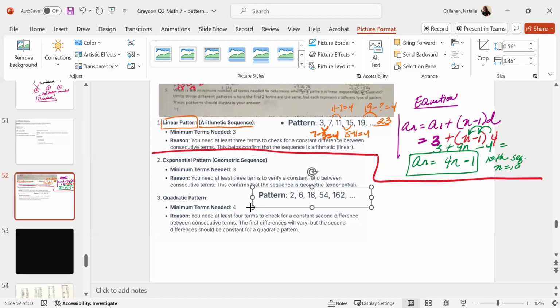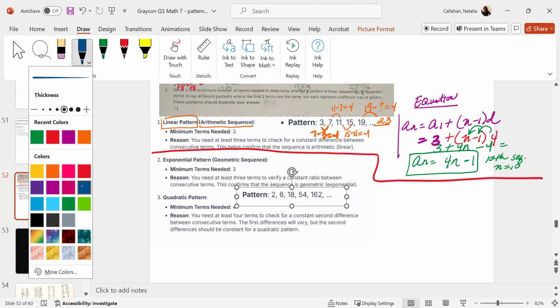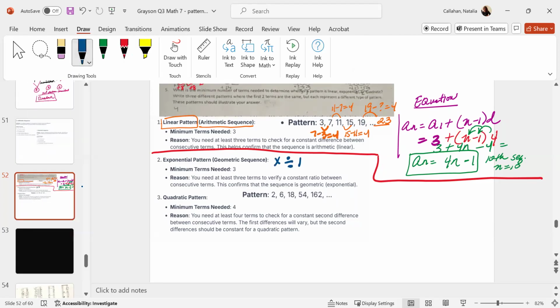Okay, so here's your pattern for this one. Do you see it? So just write 2, 6, 18, 54, 162. Remember with exponential, it's either multiplied or divided by a constant number, a consistent number, right?